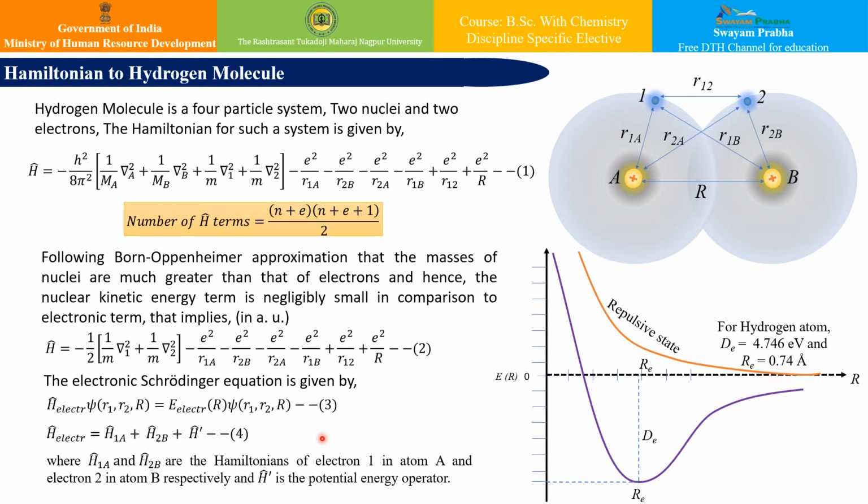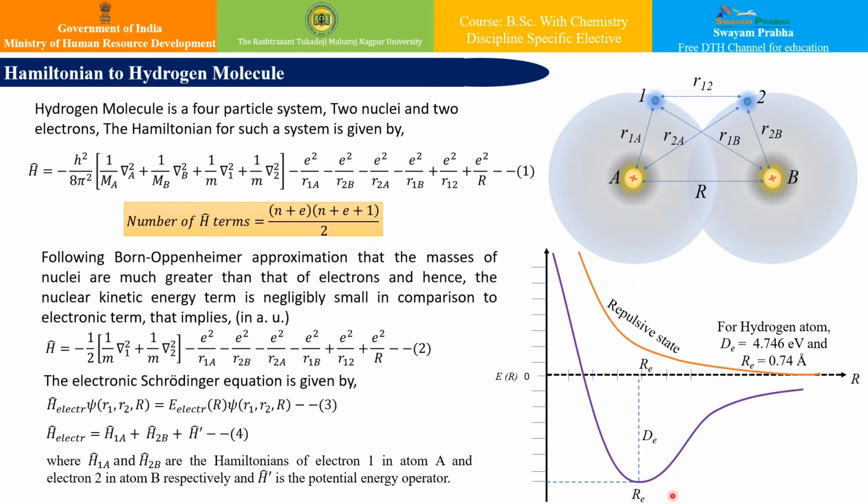Now this internuclear distance of separation between the two hydrogen atoms, that is capital R, exists in the equation of the Hamiltonian as a parameter, and therefore the Schrodinger equation of this form, that is equation number 3, has to be solved for each value of internuclear distance R, and we can then plot the energy which we find against this distance capital R in this fashion.